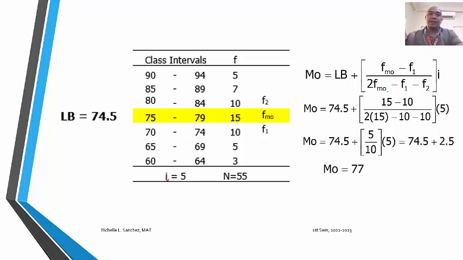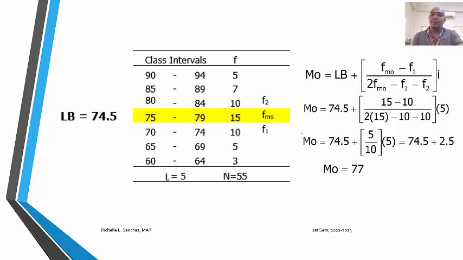The highest among the frequencies is 15. Therefore, the highlighted row is the modal class. So 75 to 79 is our modal class. So 15 is the frequency of our modal class. F1 is equal to 10. This is the frequency before the modal class. And then 10 is the frequency after the modal class.